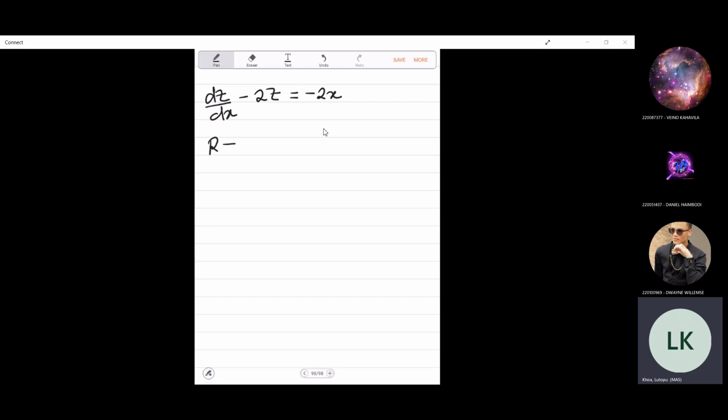So our r, this is e to the power of minus 2 dx, which is e to the power of minus 2x. Then multiply everything by the integration factor, e to the power of minus 2x dz/dx minus 2e to the power of minus 2x times z. This is minus 2x e to the power of minus 2x.